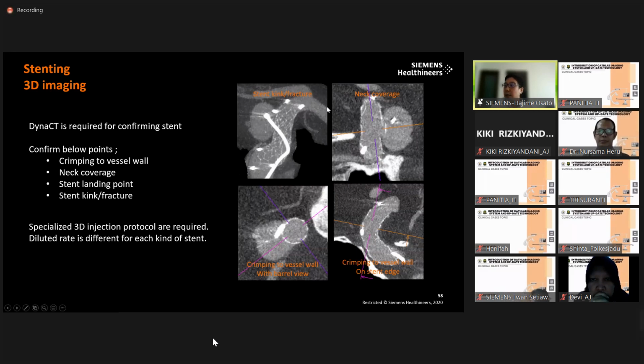We have to take a 3D stent image like this to confirm stent kink or fracture. The stent covers all the neck region here and crimps to the vessel wall. If expansion is not enough, there is a risk of re-occlusion. That's why we have to take a stent 3D image after the stent is deployed.